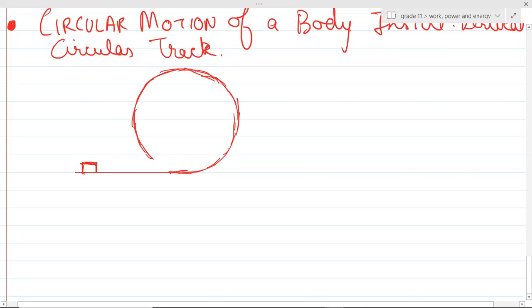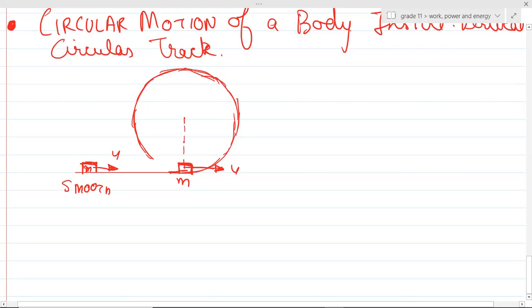Suppose this whole circular track is very smooth, and there is a block of mass m which I have thrown with an initial speed u. Since it is smooth, till the block reaches the bottommost point of the circle, it will go with a velocity u, right? There will be no change in its velocity.